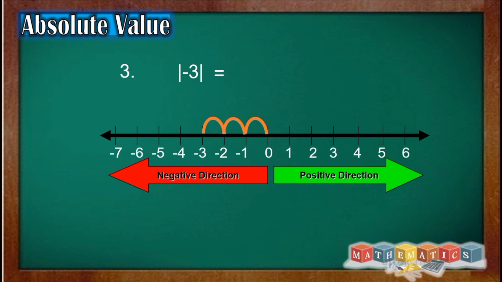So 1, 2, 3. Since negative 3 is 3 units from 0, the absolute value of negative 3 is positive 3, or the absolute value of negative 3 is 3.